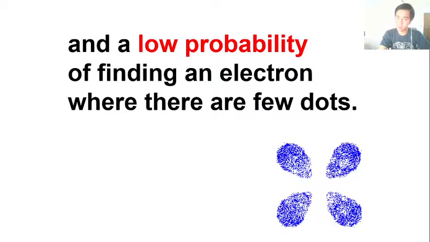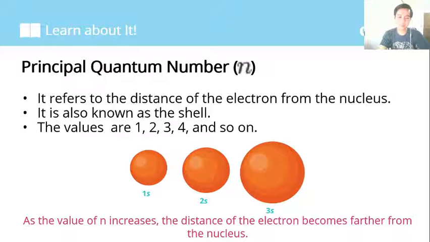So let's start with the first quantum number, called the principal quantum number, represented by the letter n. When we say principal quantum number, it refers to the distance of the electron from the nucleus. It is known as the shell, also known as the energy level or principal shell.